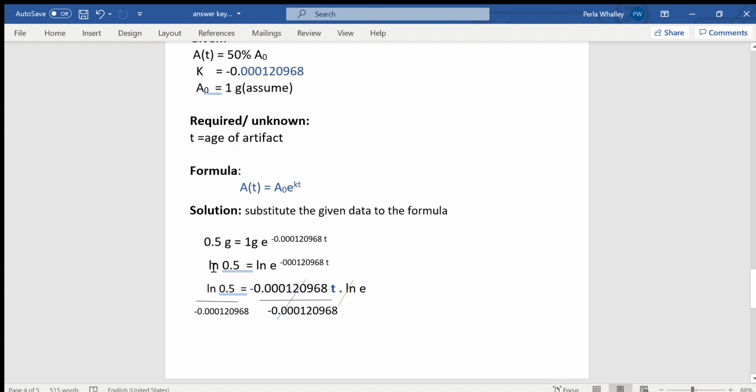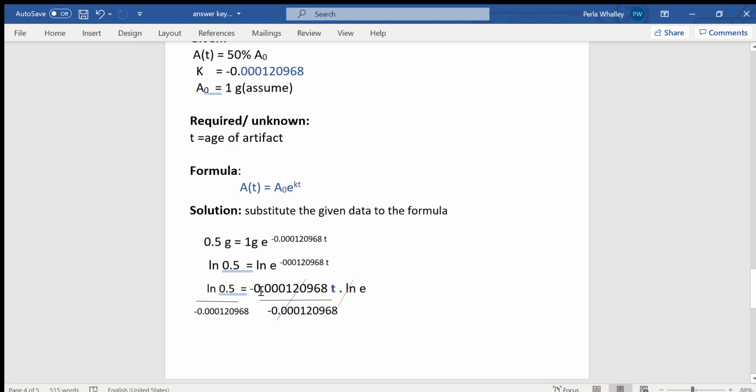So we have natural log of 0.5 is equal to the natural log of e raised to the decay rate times t. Then we write this exponent to the front by applying the power rule of logarithm, taking the exponent and writing it as a product of ln e.